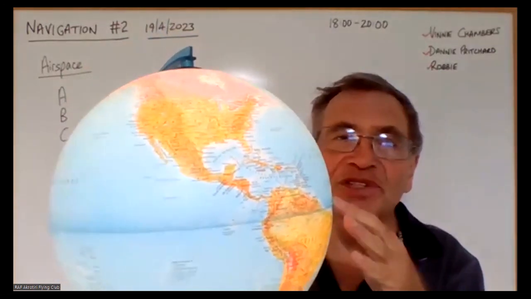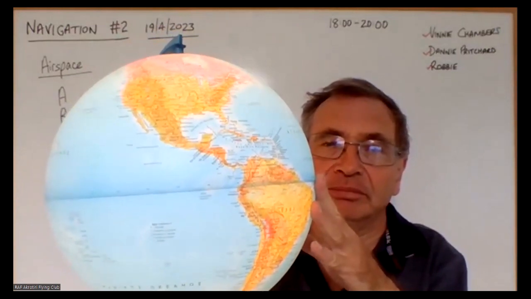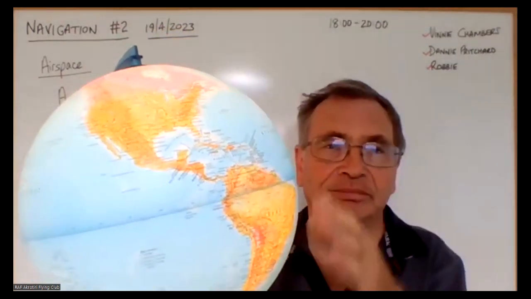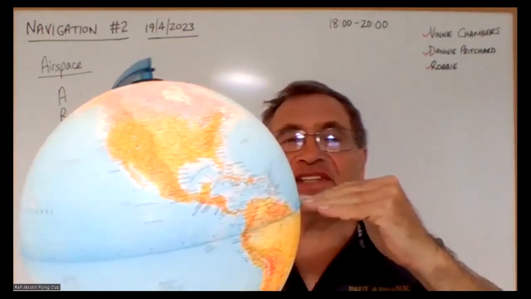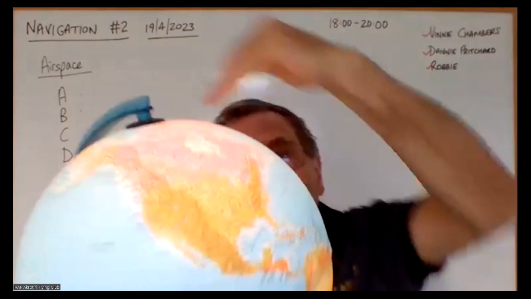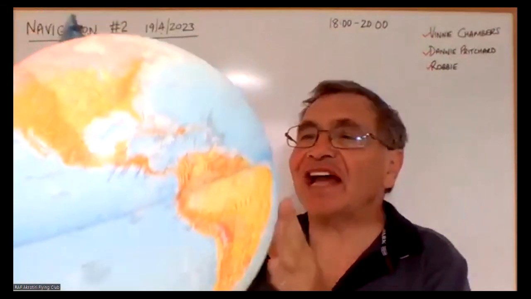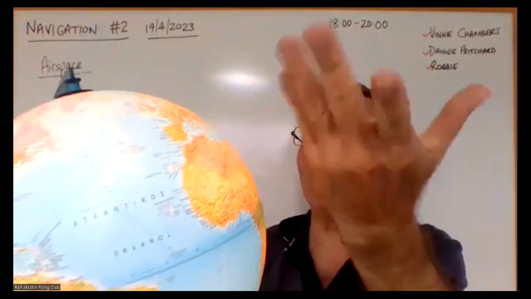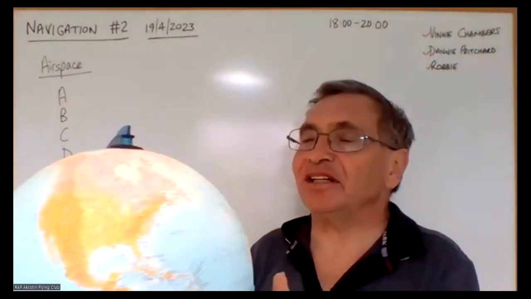What does it go from and to? The ones that go from 0 to 90. Yes, it goes 0 to 90 north or 0 to 90 south. And Danny, lines of longitude, how are they denoted?